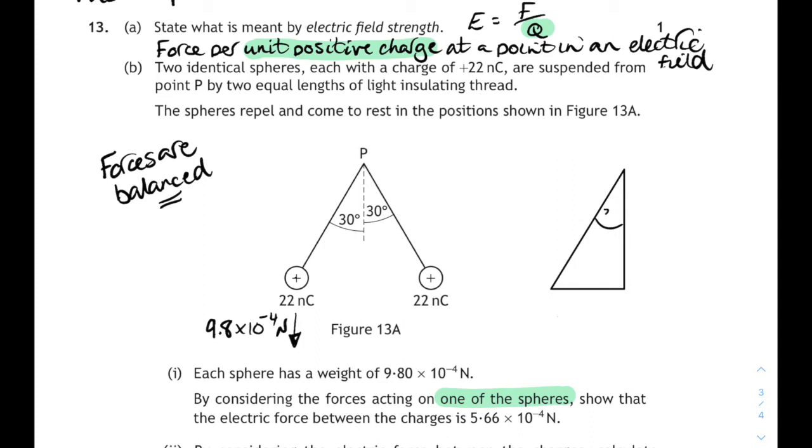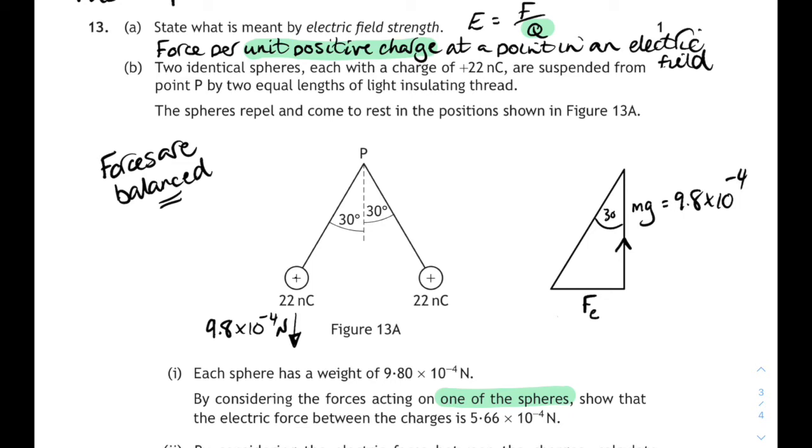It's a show question. So let's just think about one of these charges here. We'll draw a right-angled triangle. The vertical component of the tension in the thread has got to balance the weight of the thing. And the horizontal component will be the electric repulsive force. So we know the weight is 9.8 times 10 to the minus 4 newtons. And we know the angle's 30 degrees.